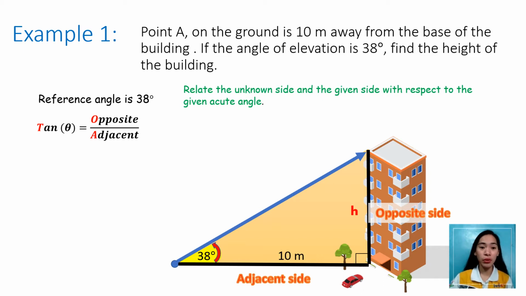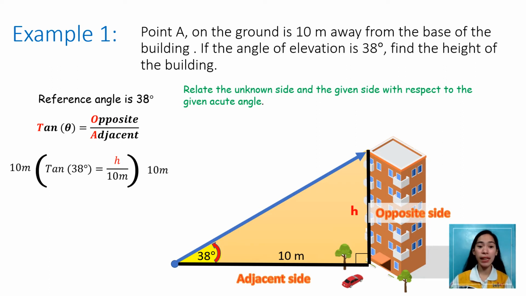So now let's solve. First, we're going to substitute the given. So tangent 38 degrees is equal to the opposite side, which is h, and the adjacent side, which is 10 meters.